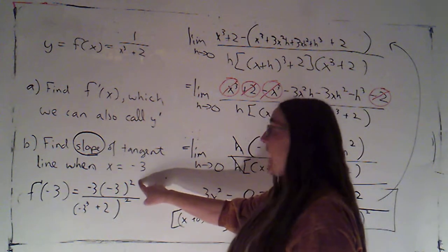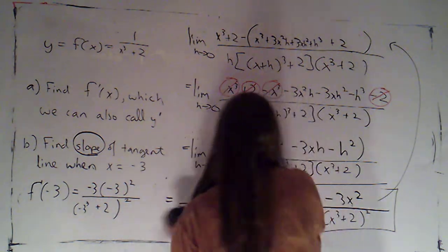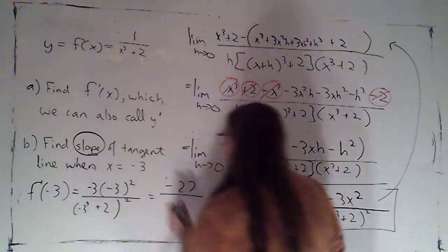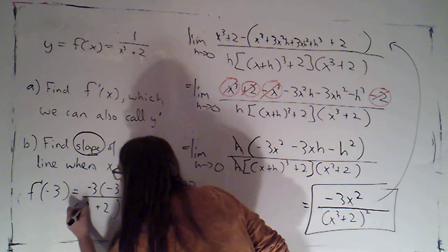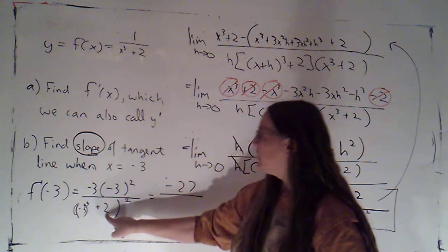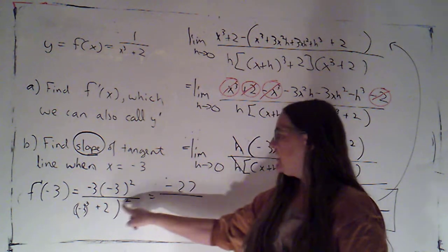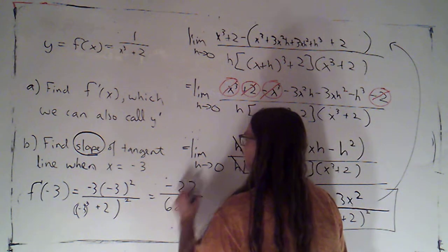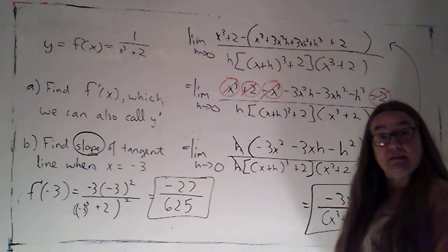Negative 3 squared is positive 9 times negative 3 is going to be negative 27 on top. Negative 3 cubed, and I'm sorry, that negative 3 should have been in parentheses. That's negative 27 plus 2 is negative 25. Squared is going to be positive 625. So that's my derivative at negative 3.